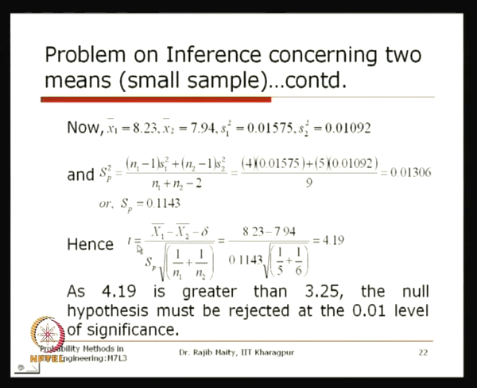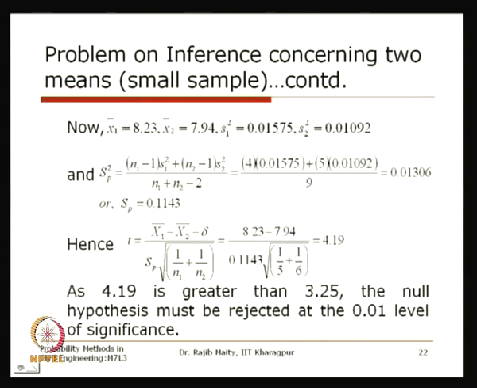Hence, the T is equal to x1 bar minus x2 bar minus delta divided by SP times square root of 1 by n1 plus 1 by n2. If we put this in, we will get the statistic as 4.19. Now, this 4.19, which is greater than 3.25, falls on the right side of the distribution, and is obviously greater than the critical value.